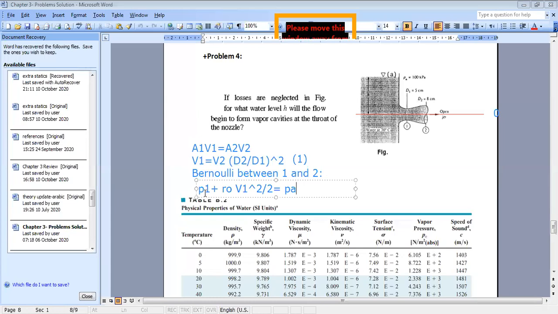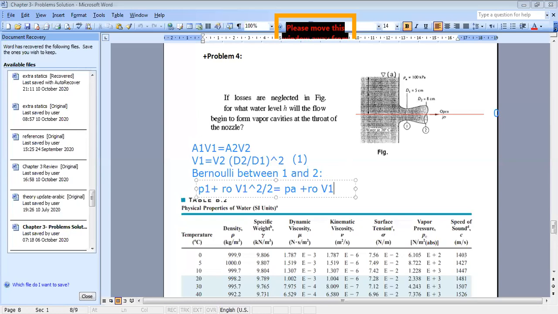So I have at 2, it's PA plus rho times V1. Now, if you want, you can directly replace V2 by its expression of V1, to have only one unknown in this equation. Or you can write V1 as a function of V2, or V2 as a function of V1. It's similar.